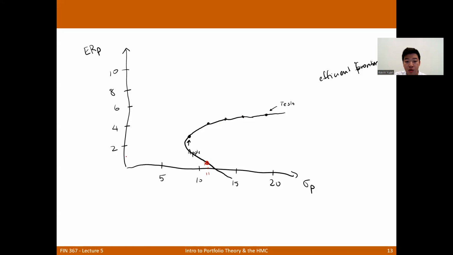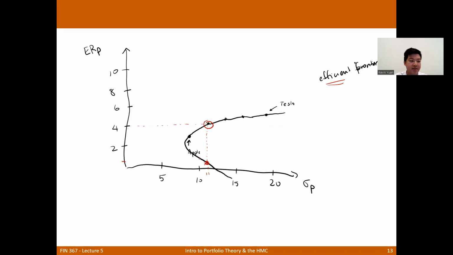Do we want an expected return down here, or do we want an expected return all the way up here? Because they're both available to us because they're on the black line and they both have the same level of risk, right? Well, any person would obviously say, I want to be up here because it has a higher expected return with the same level of risk. So the efficient frontier, we're often going to refer to as this upper portion of this bullet-shaped curve, okay?